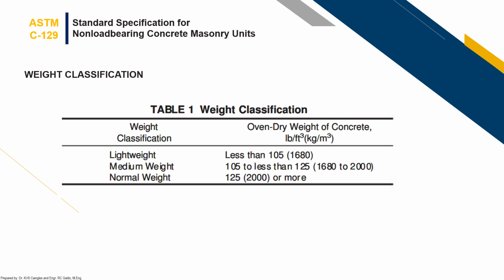Pero kung ang oven dry weight of concrete is 105 or greater than 105 pounds per cubic foot but less than 125 pounds per cubic foot, then your CMU is classified as medium weight. And then, kung ang oven dry weight of your concrete sa imong CMU is greater than 125 pounds per cubic foot, then it is classified as a normal weight CMU.